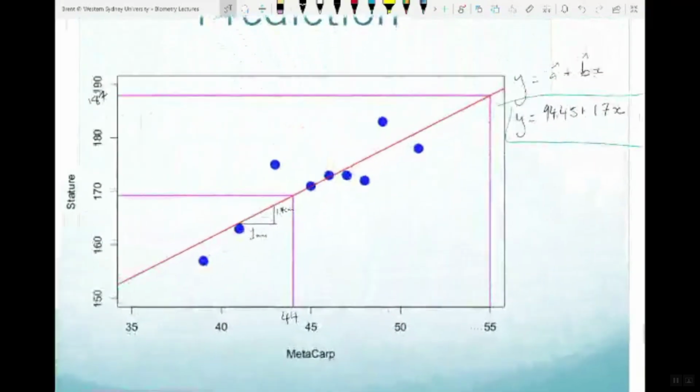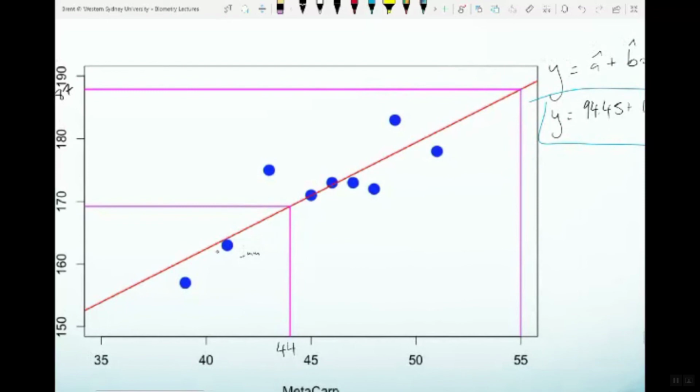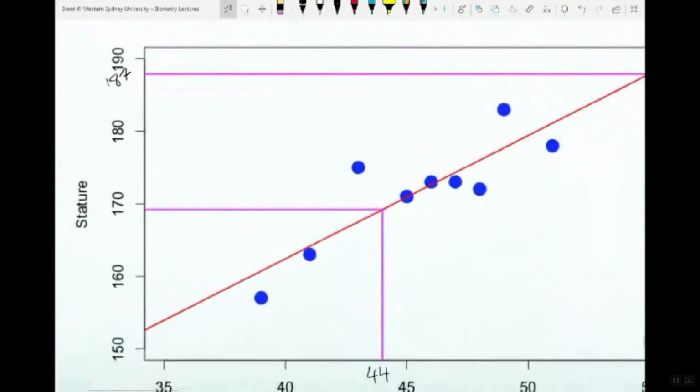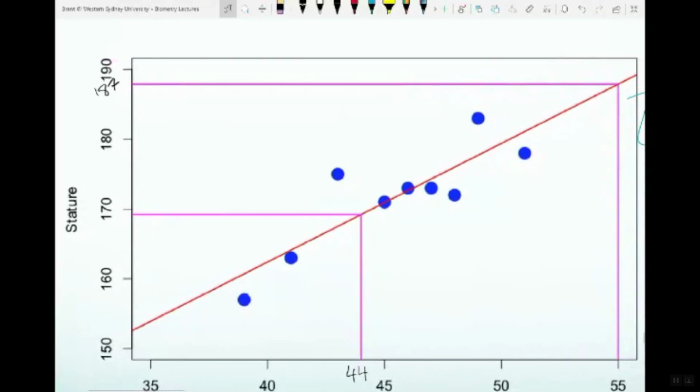That's one thing that's probably worth pointing out. I get my equation of my line. I'm not expecting the line to be perfect, right? Every time I estimate some values or measure some real values from the population, I get, say, 10 people together who all have a metacarpal length of 40 millimeters, okay? If I get those 10 people together, I might expect their heights to be distributed in some way like this.